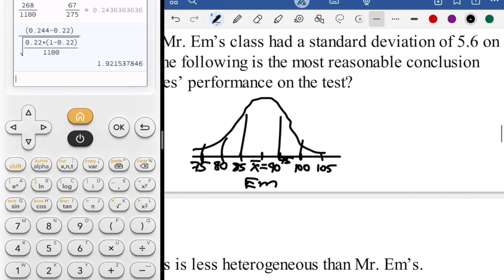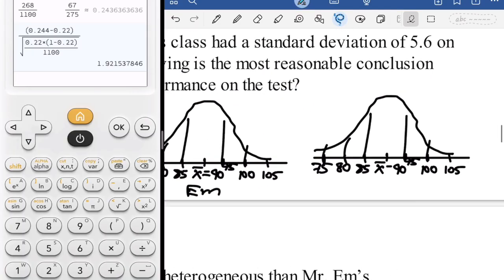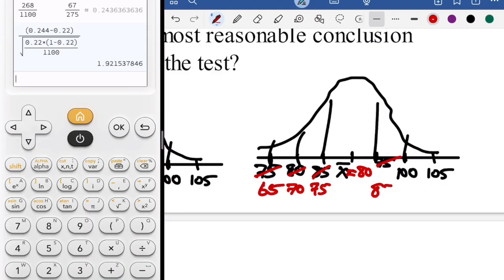So if I took Mr. M's same distribution and made my mean 80, I'll do that in red, then this would be 75, this would be 70, this would be 65, 85, 90, and 95. But the spacing between parts of the graph would not change.